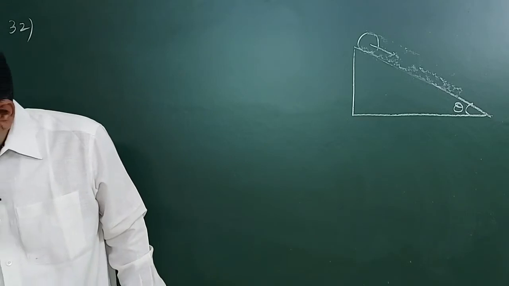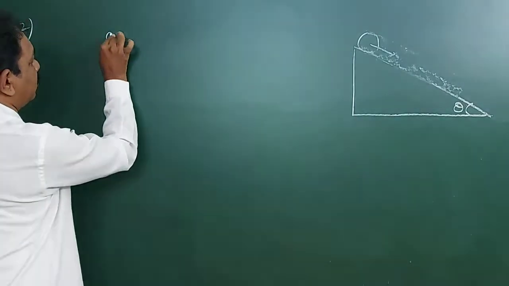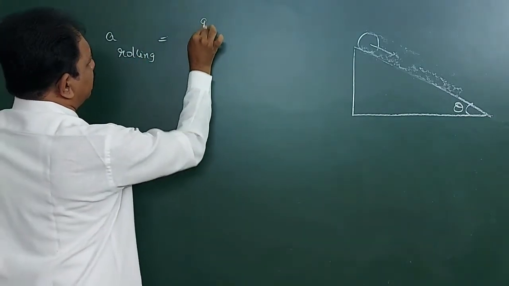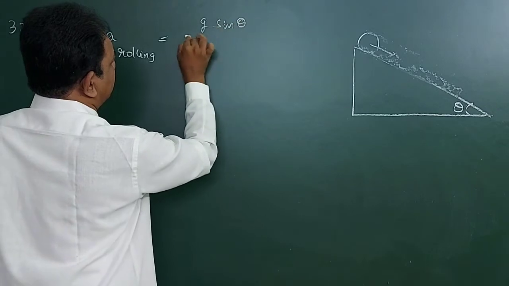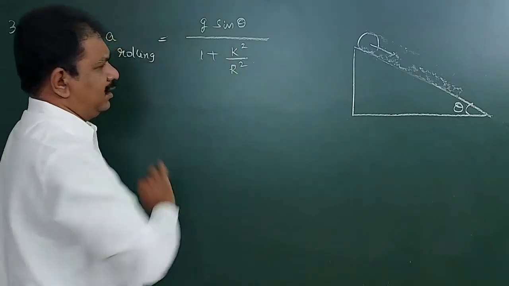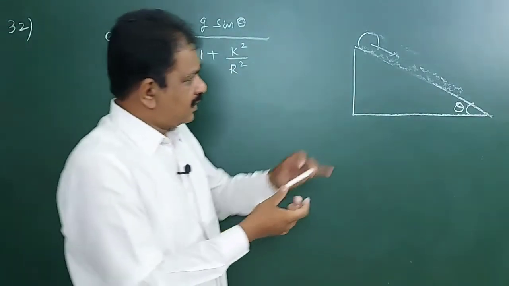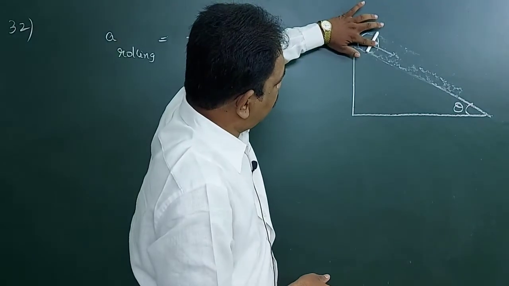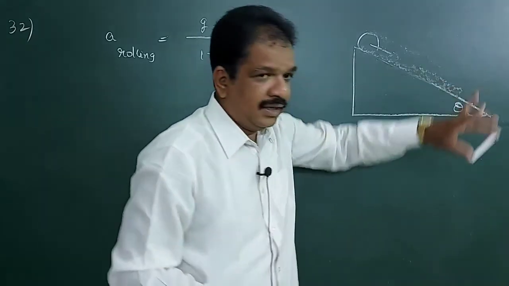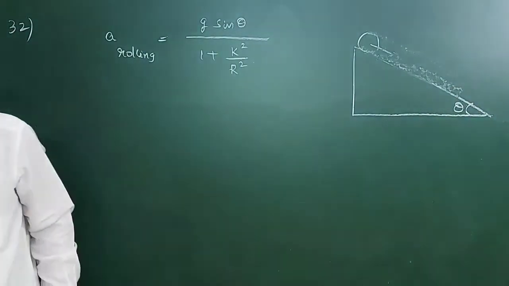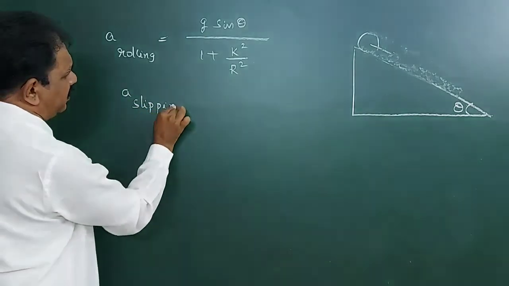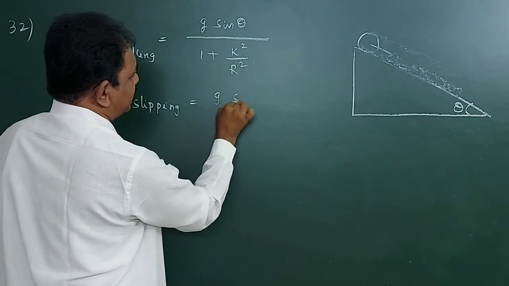Rolling without slipping, the formula A rolling is g sin theta by 1 plus K square by R square. In the first case, it is rolling and coming down. Second case, only slipping down. So A slipping will be equal to g sin theta.